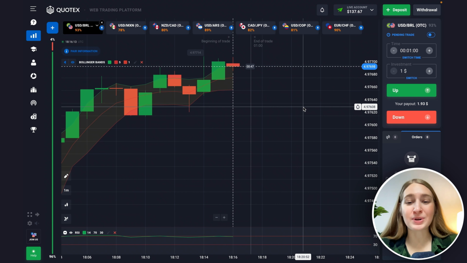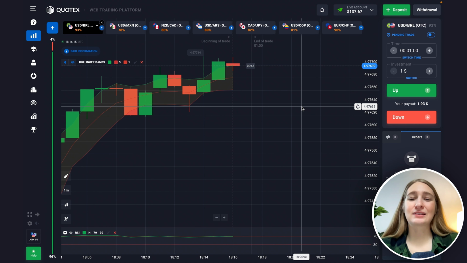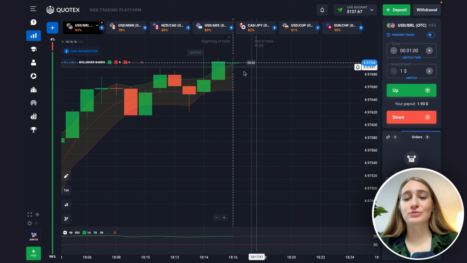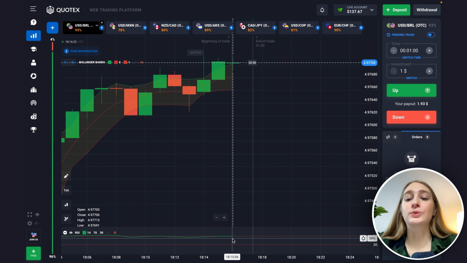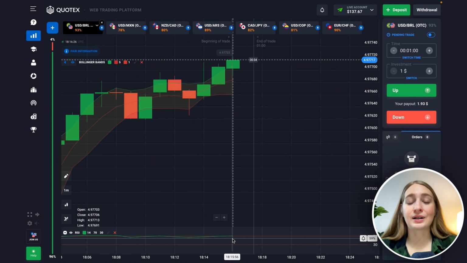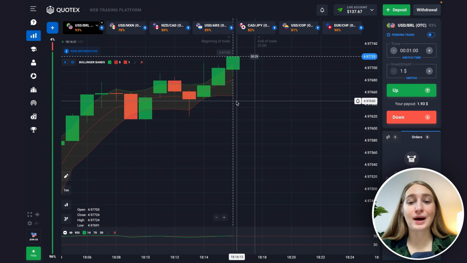Okay. First pair, it's not really a good situation, not really fun with it. Even if the RSI line is laying on the level of 70, and for me it is a signal to be really attentive because the price will go either up or down.